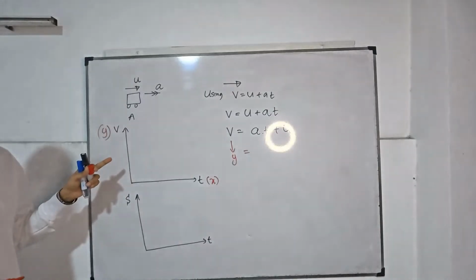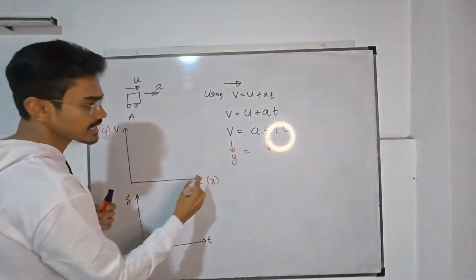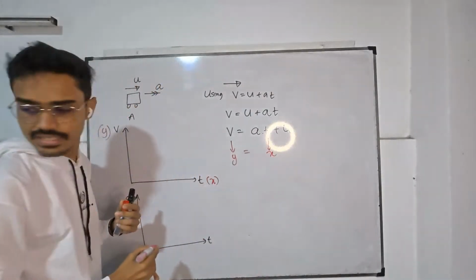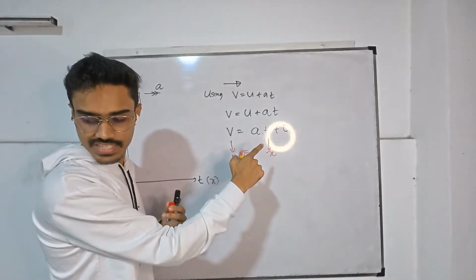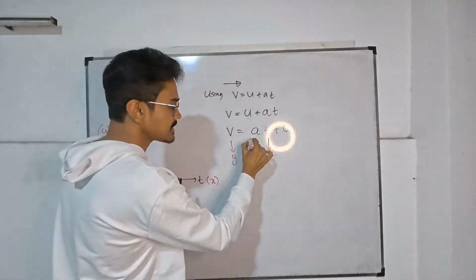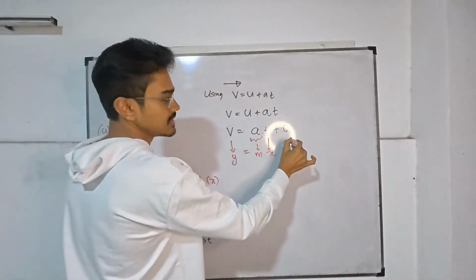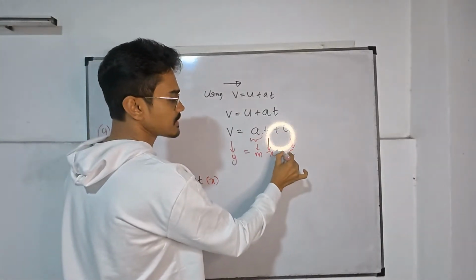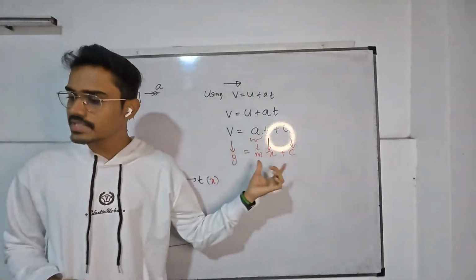In the given graph, v is acting as y and t is acting as x. Whatever term is multiplied with x, as a product with x, is the gradient, and this one has to be the intercept. So that is y equals mx plus c.